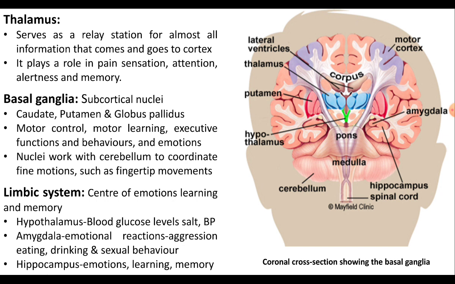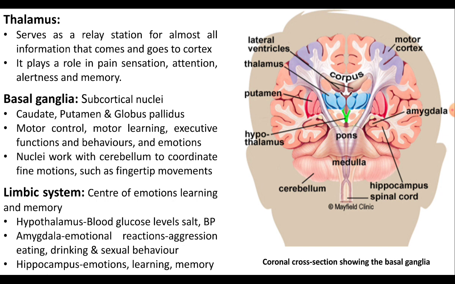The limbic system is the center of emotions and learning as well as memory. This limbic system includes the hypothalamus, amygdala, and hippocampus. The hypothalamus regulates the blood glucose levels, controls the level of salts in the body, as well as it controls the blood pressure.